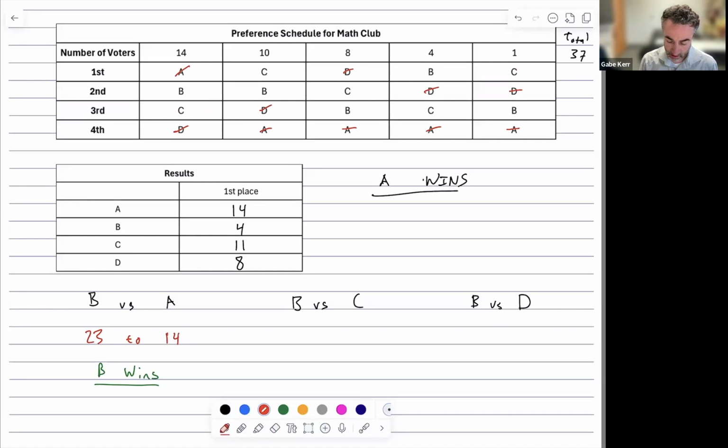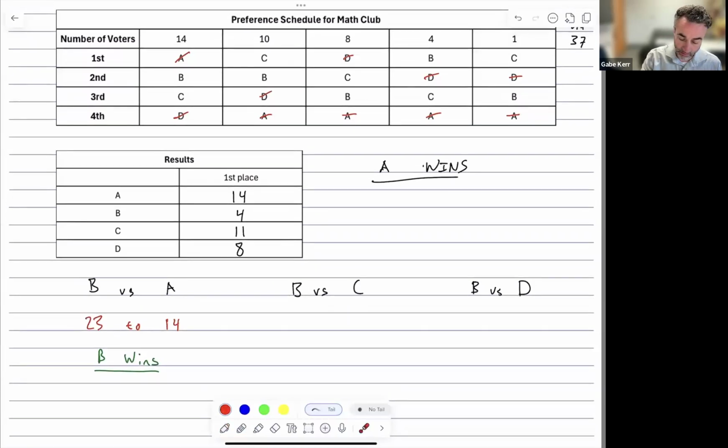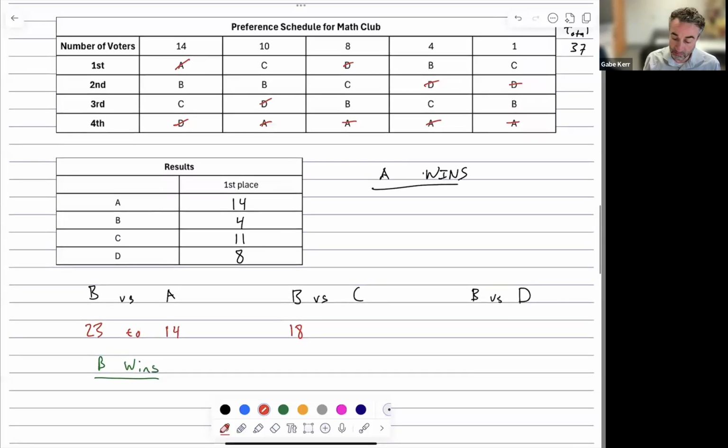So B wins here, B wins here, but B is not winning anywhere else. So B wins 18, 14 plus 4, 18 of these head-to-head matchups. And C wins 37 minus 18, which, as everyone can count, hopefully is 19.